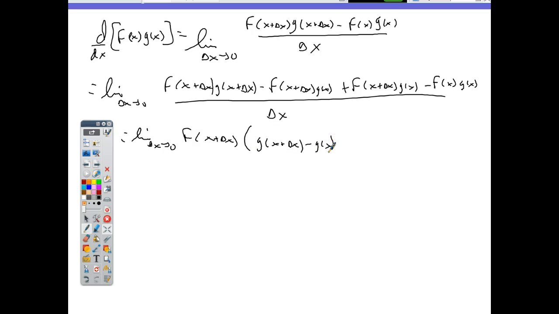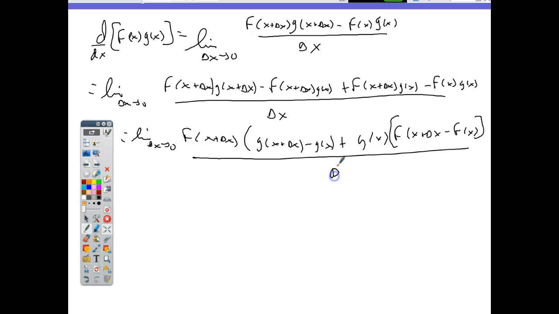With me, right? Because I pulled it out of these two. And then over here I've got plus, and I can pull a g of x out of both of these, and what I have left over is f of x plus delta x minus f of x.